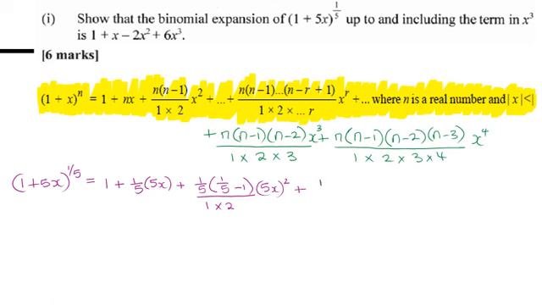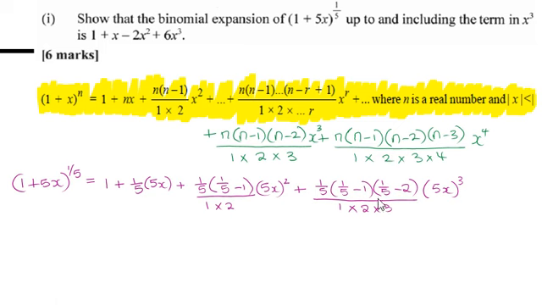Plus 1/5 times (1/5 minus 1) times (1/5 minus 2) over 1 times 2 times 3 times (5x) cubed, right? And it's not stated here in this formula, but if you look at the denominator, this is actually 2 factorial.